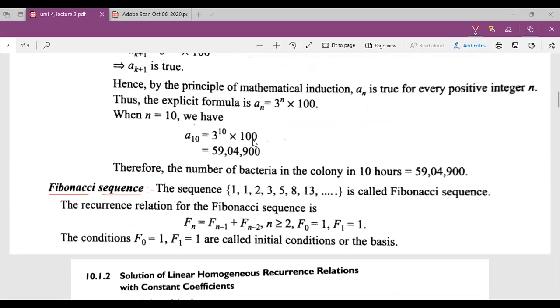Simplifying, we get 59 lakhs 4900. Therefore the number of bacteria in the colony after 10 hours is 59 lakhs 4900.